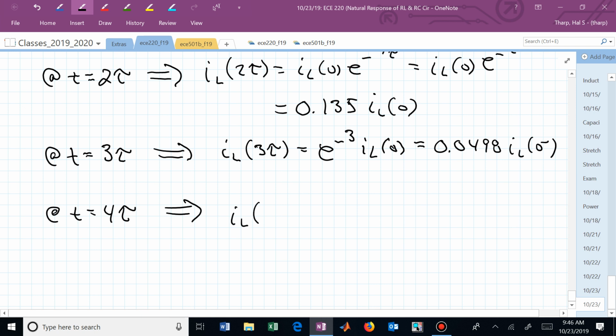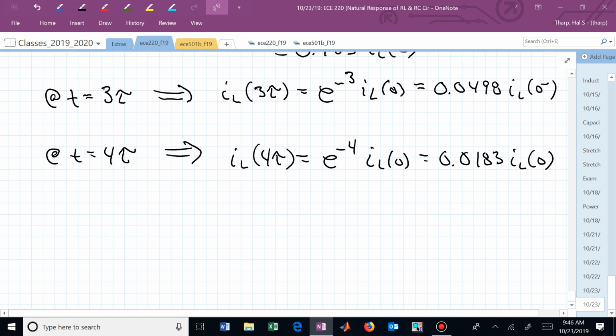I sub L of 4 tau, e to the minus 4 is 0.0183, but we just refer to that as 2%. Do you see that's close enough? So now we're within 2% of what we were at when we began.